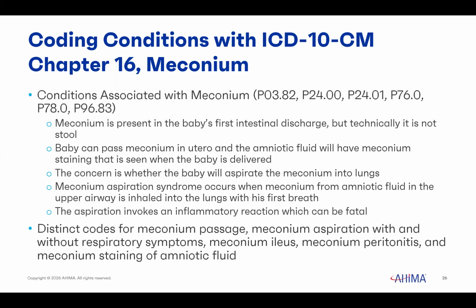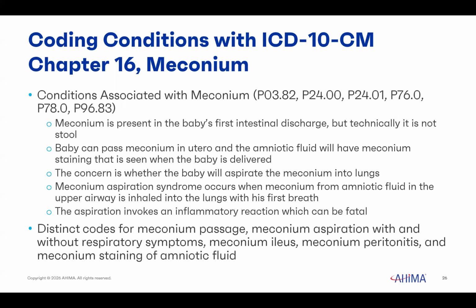Conditions associated with meconium are explained here, including why aspiration is such a serious concern and how clinical scenarios lead to different codes. Meconium is the baby's first intestinal discharge, right? And the baby can pass meconium in utero. The amniotic fluid will now have meconium staining, right?